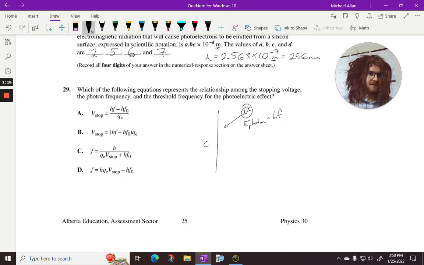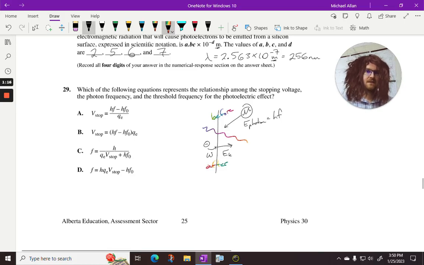And then if it hits an electron, that electron is going to absorb all the energy. It's going to use a little bit of the energy to get out, and then whatever's left over is going to be the EK afterwards, right? So whatever is before has got to equal my after, conservation of energy. So my photon energy has to be equal to the W plus whatever my EK happens to be.